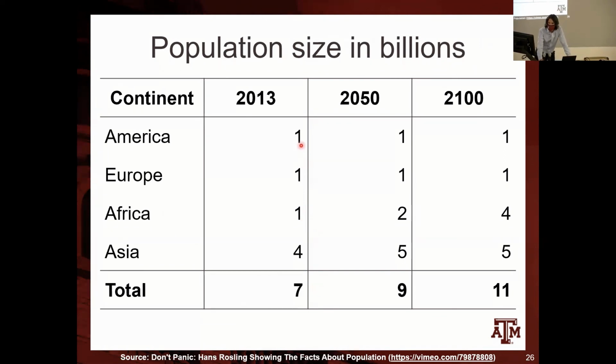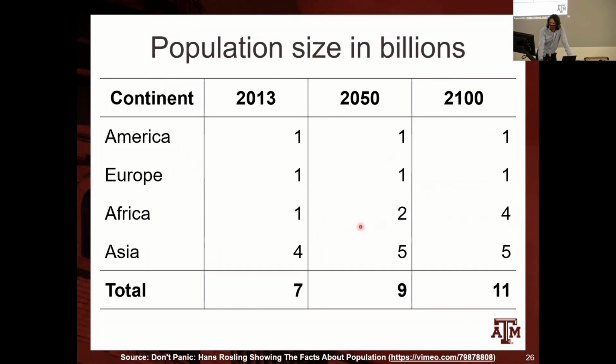And what the projections are showing is that the population is kind of stable in the American continent and the European continent. So it's going to stay around 1 in 2050 and 2100. In Africa, it's going to double from 1 to 2 by 2050, and then it's going to double again to 4 billion by 2100.